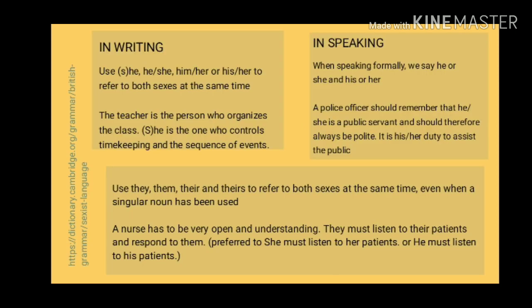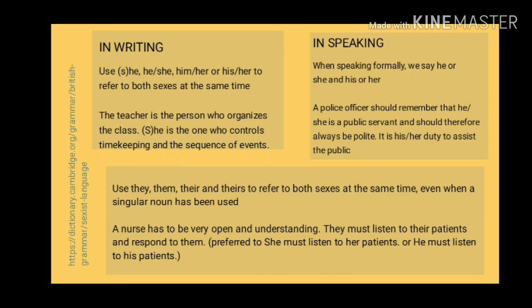When we are writing something and we want to refer to both sexes at the same time, we can use "(s)" in brackets after "he", or we can also use "she/he", or him/her, or his/her.